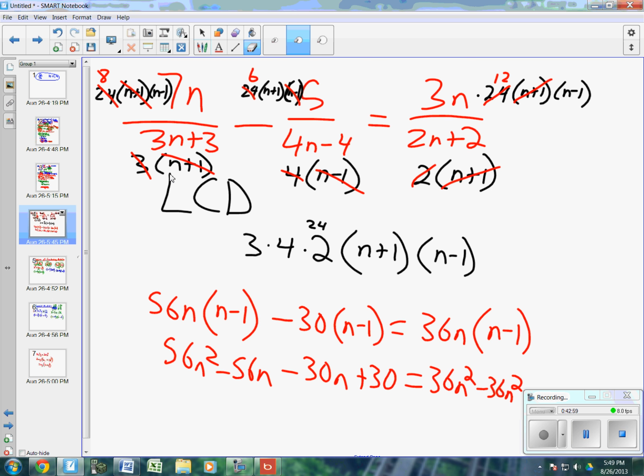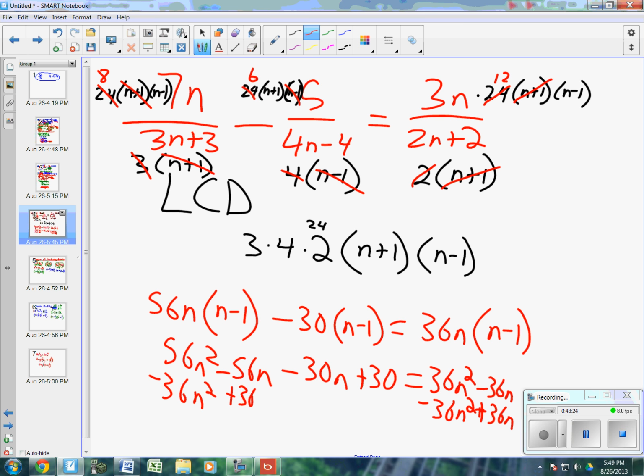Just 36n, not squared. Okay, I get everything on the left side, so I'm going to subtract the 36n squared and add a 36n, from both sides.